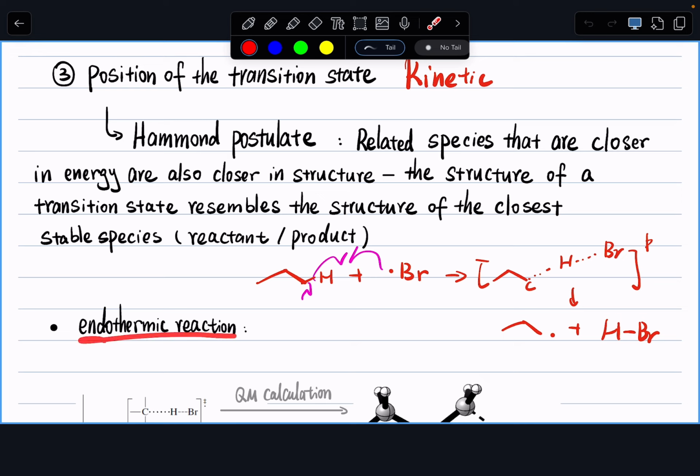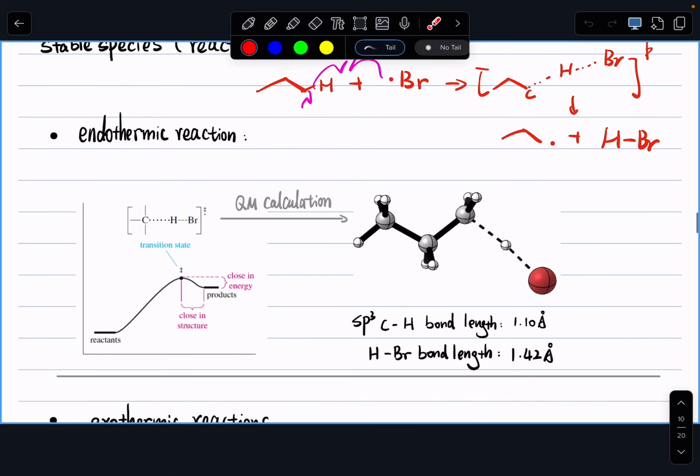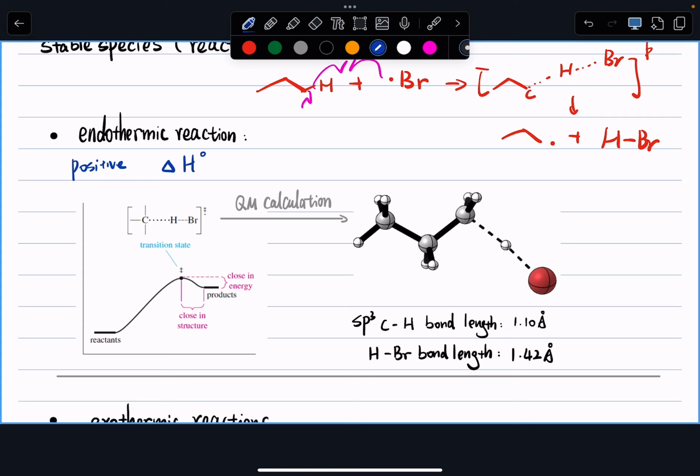So for an endothermic reaction, in which your product is less stable compared to your reactant, in our last lecture we also went over how to calculate the thermodynamics, or delta H, of the reaction from the bond dissociation energy of your reactant and product. So for an endothermic reaction, we have a positive delta H naught, right?